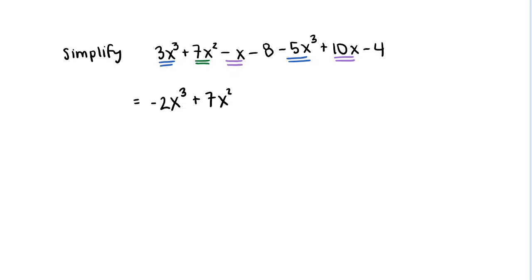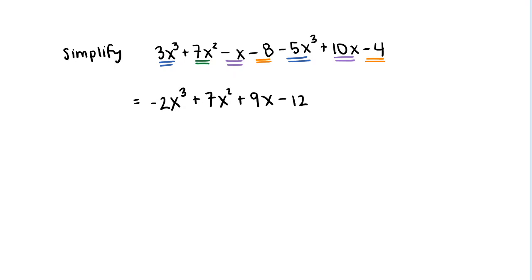And so when we add these two together, negative x plus 10x gives us positive 9x. And then in this last part of the expression, we have these two constant terms, these two terms without any variables. And we can just combine these as we expect. So negative 8 or minus 8 minus 4, that makes things more negative to give us this minus 12.